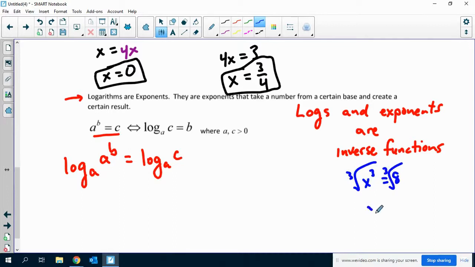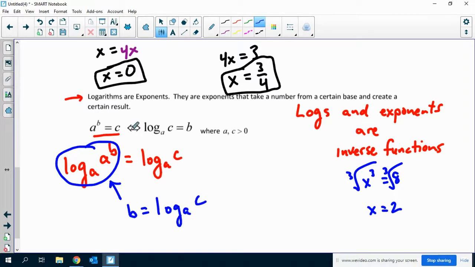So these are undoing each other basically. And we would get x equals 2 in this little case. Well, log base a of a to the b, these basically undo each other. And I'm left with b. So b is equal to log base a of c. And that's kind of what's going on here.